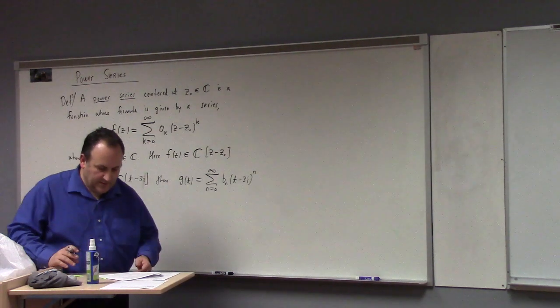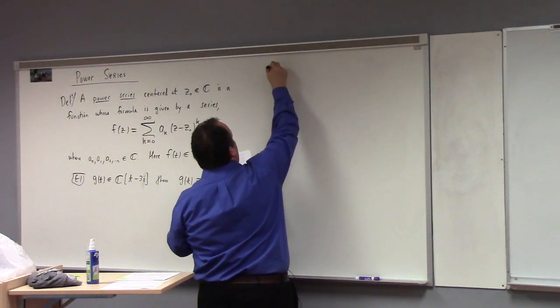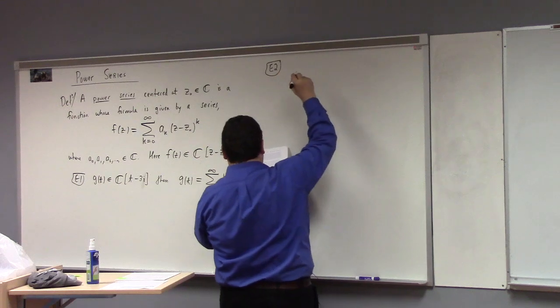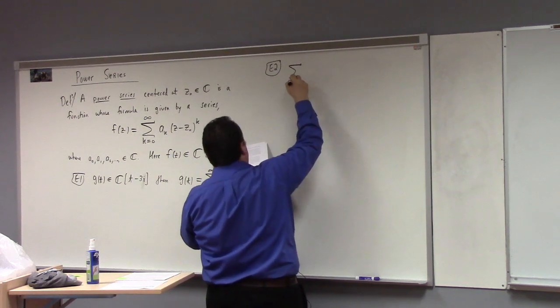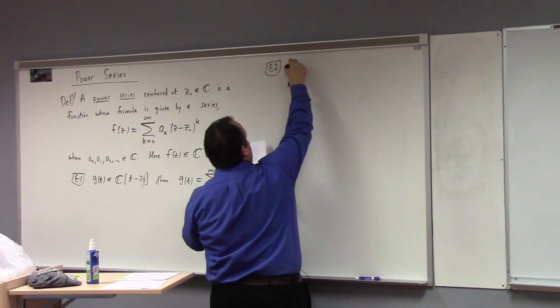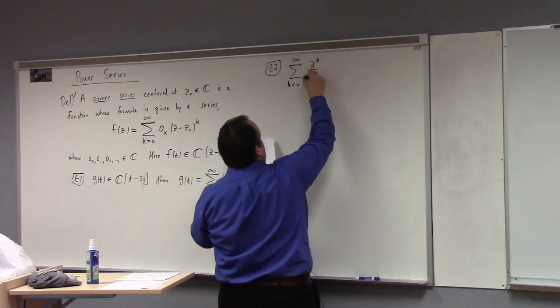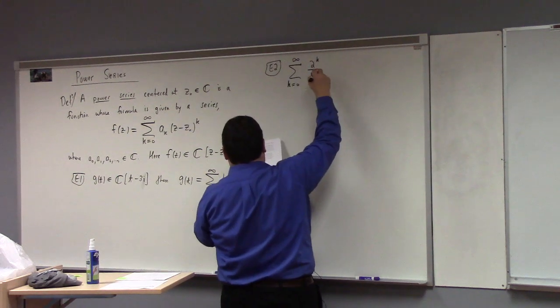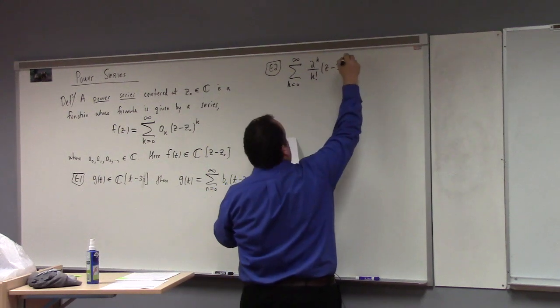Now, power series, so another example. Example 2, we could look at the sum k equals 0 to infinity of, say, 2 to the k divided by k factorial times z minus 3i to the k.